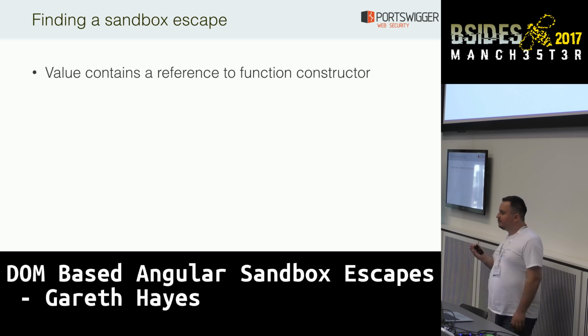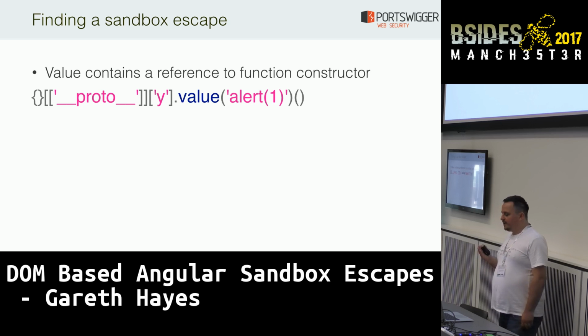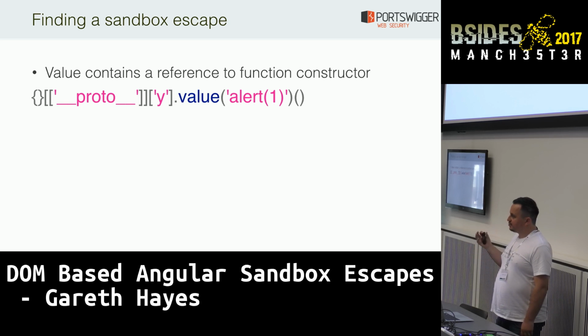And now I can reuse the descriptor, and value contains a reference to the function constructor. So here we have the y property that I mentioned before. This is the descriptor. The value property refers to the function constructor. And if you call the function constructor with the string that you want to call, it will generate a new function, and then we can call that, and that will bypass the sandbox.